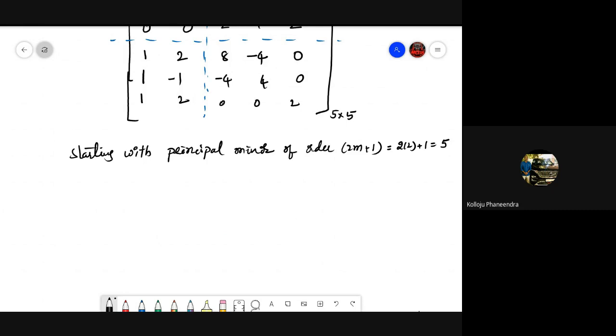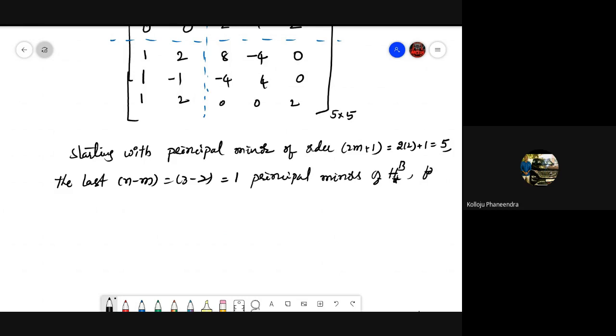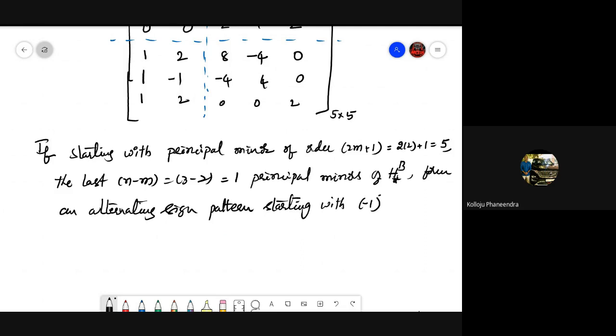Starting with the principal minor of order 5, the last n minus m, that is 3 minus 2, 1 principal minors of HB star form an alternating sign pattern, starting with minus 1 whole power m plus n.